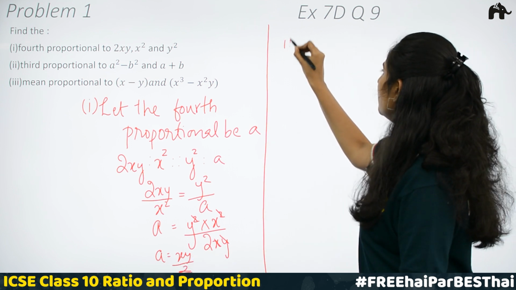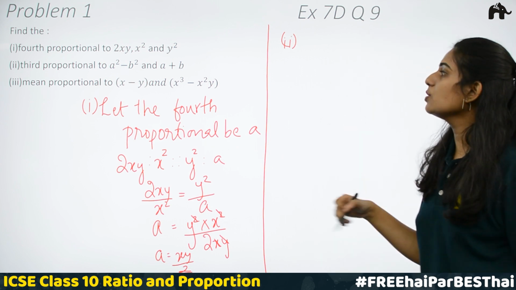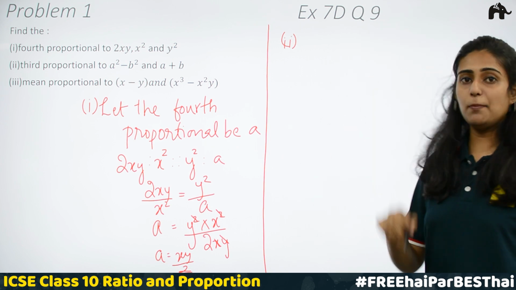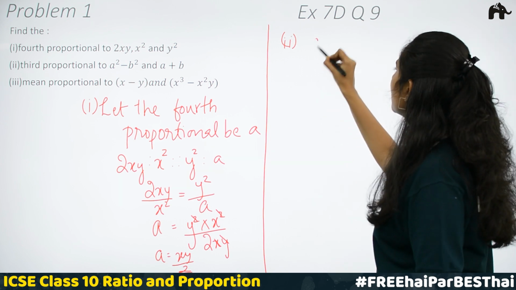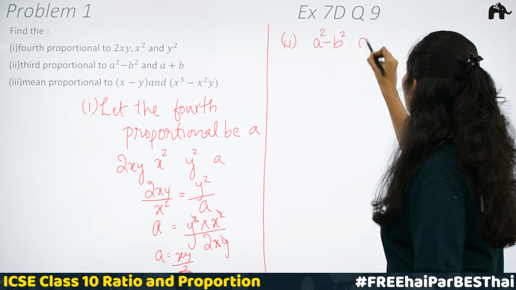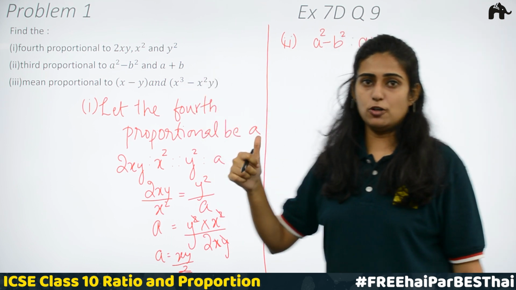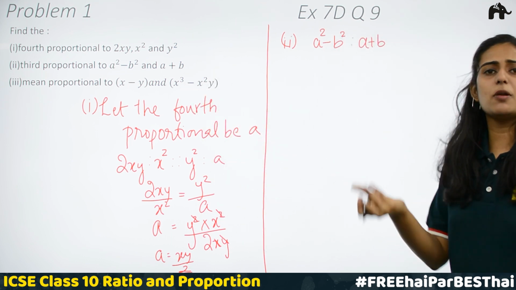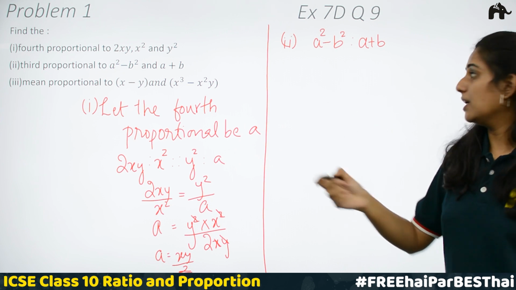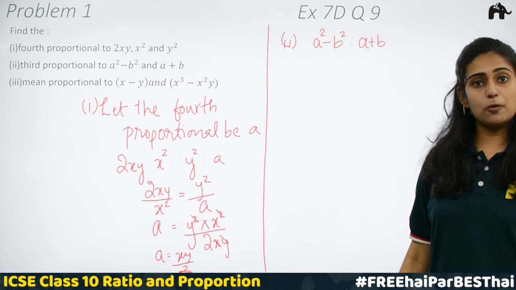Now the second question, third proportional to a square minus b square and a plus b. How do you write this? a square minus b square is to a plus b. We need to find the third proportional. For that we have to take the third proportional as some variable. Here we don't have x or y, therefore we can take the third proportional as x.